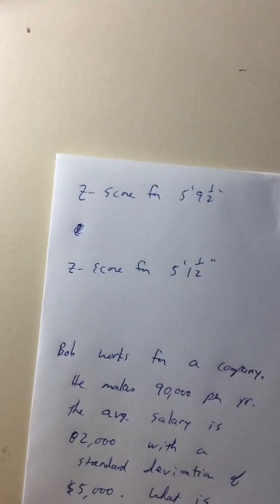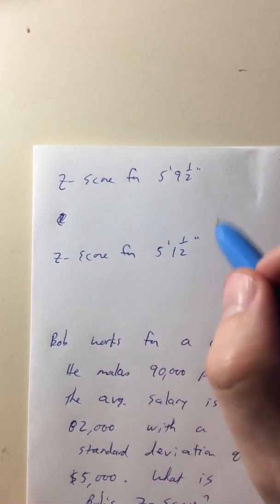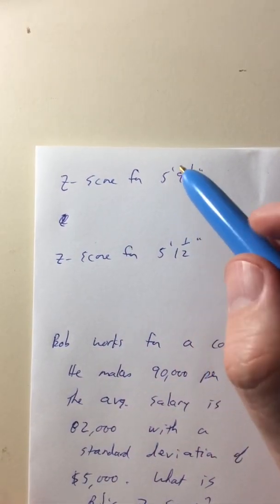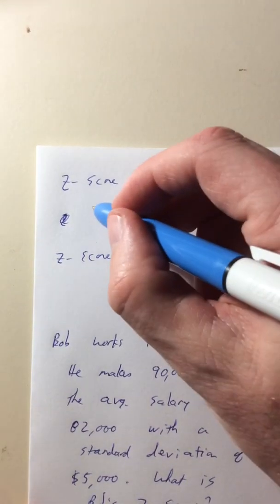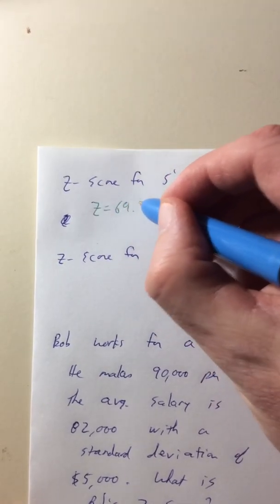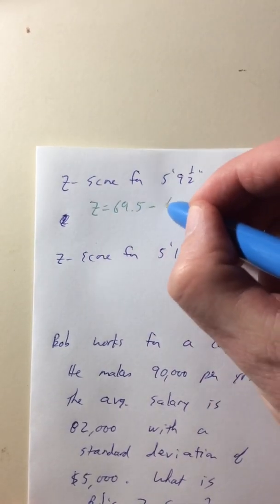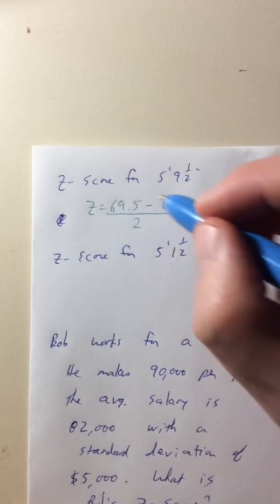Okay, so let's do a couple more of these. Let's do a z-score for 5 feet 9.5 inches. Well, again, we already know that 5 feet is 60 and 9.5 is going to be 69.5. So we've got z equals 69.5 minus the mean, which is still 64, over the standard deviation, which is still 2.